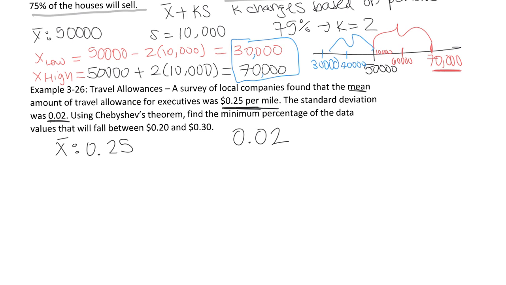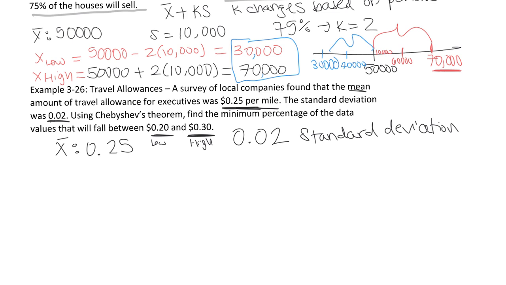Using Chebyshev's theorem, find the minimum percentage of the data values that will fall between 0.20 and 0.30. Okay, so we're actually going to use that same formula, but we are given the low and we're given the high value. And we're going to try to figure out what that K is equal to.